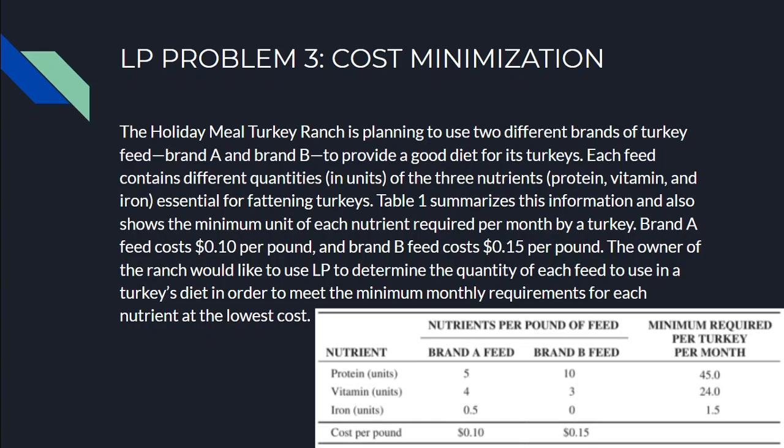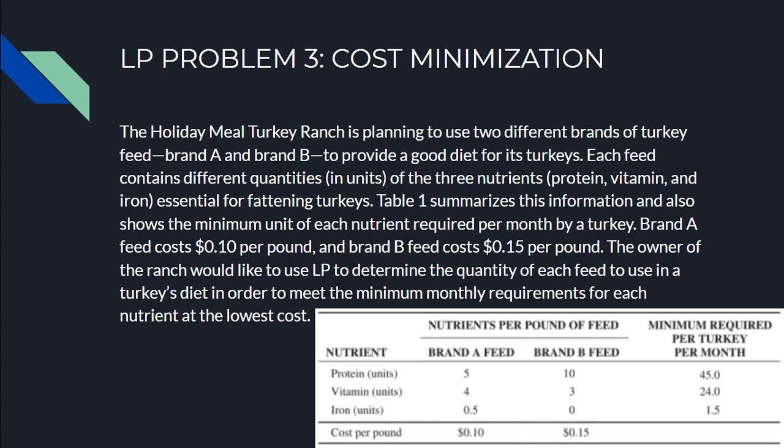So, yung details niya, narito sa ating table. Yung details ng nutrients and also the minimum requirement. So, we can see here na yung brand A feed, yung kanyang protein ay 5 units per 1 pound.